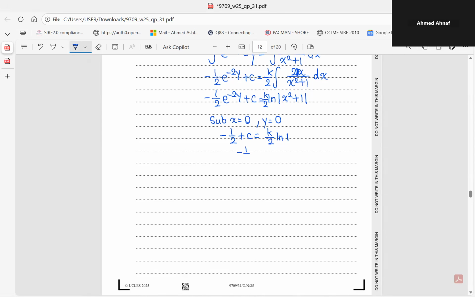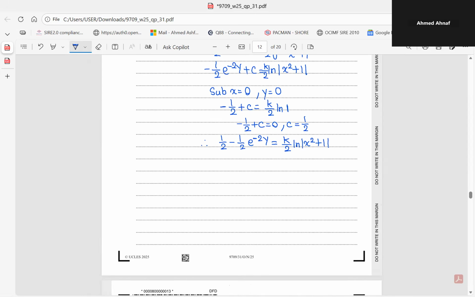So you get minus half plus c equals 0. And then c would just be half. So substituting back into our original equation, we can say half minus half times e to the power of negative 2y equals k over 2 ln x squared plus 1.